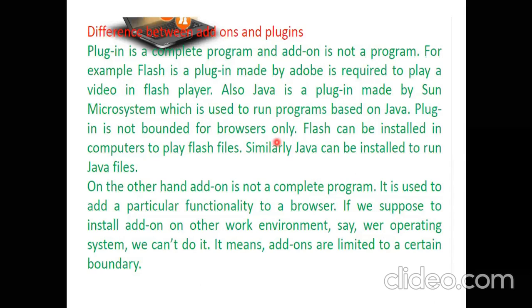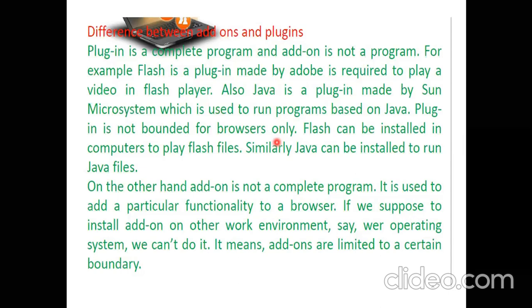If it is Google Chrome, it will have a different add-on, and if it is Mozilla Firefox, it will have a different add-on. Even though they may create add-ons with the same functionality, they are different for different browsers because browsers are built in different ways. So the add-ons related to them are also different. They are bound to the browser. But plugins are not at all bound to the browser. Also, a plugin is not necessarily used with web browsers only.